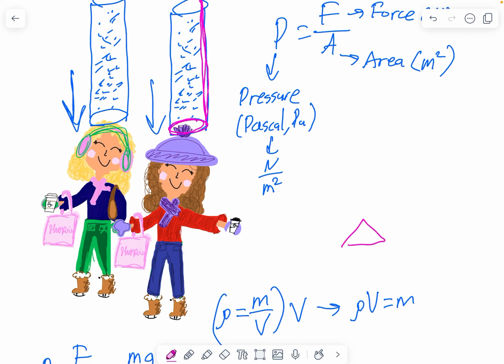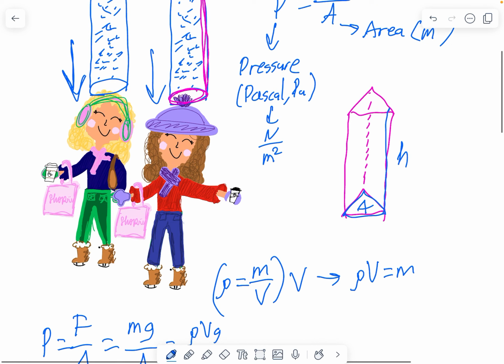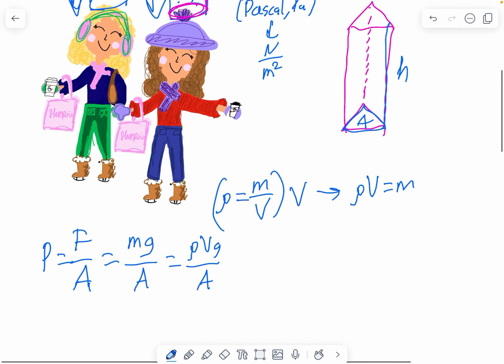If you have a triangle at the bottom and you're trying to find the volume of the triangular prism, you take the area of the triangle and multiply it by the height of your shape. So to find volume, it's the area times the height. So let's replace volume with area times height.